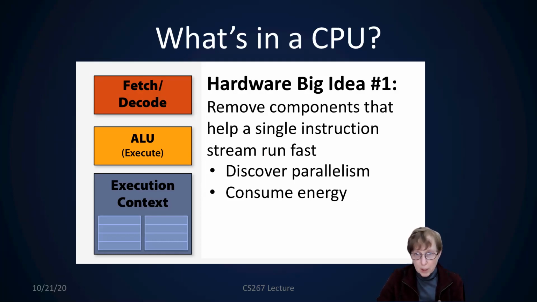So things that were trying to automatically discover parallelism, whether it was parallelism between the arithmetic operations so that you could schedule them in a different order and get the right instruction mix, or parallelism between the memory operations and the computation so that you could prefetch or delay the writes, and then the caches, which are there to try to optimize for serial performance as well. So getting rid of some of this real estate and simplifying the processor substantially is one of the first things that a GPU does.